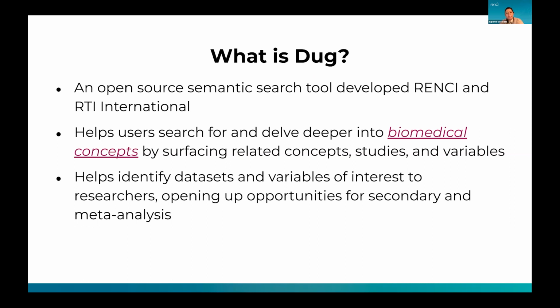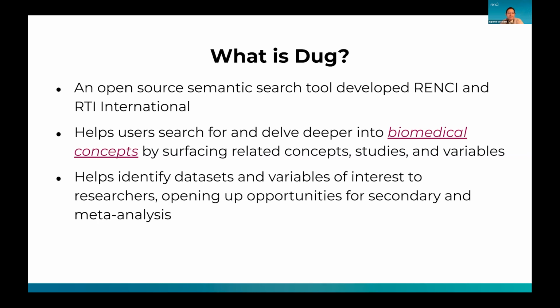And for that, RENCI developed DUG, which is a semantic search engine. RENCI, along with our partners RTI International, developed DUG as a tool that can help researchers in accomplishing some of the goals of facilitating open science.